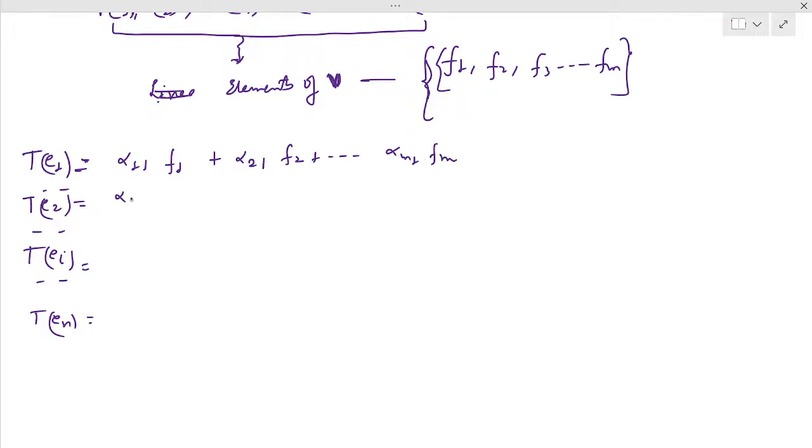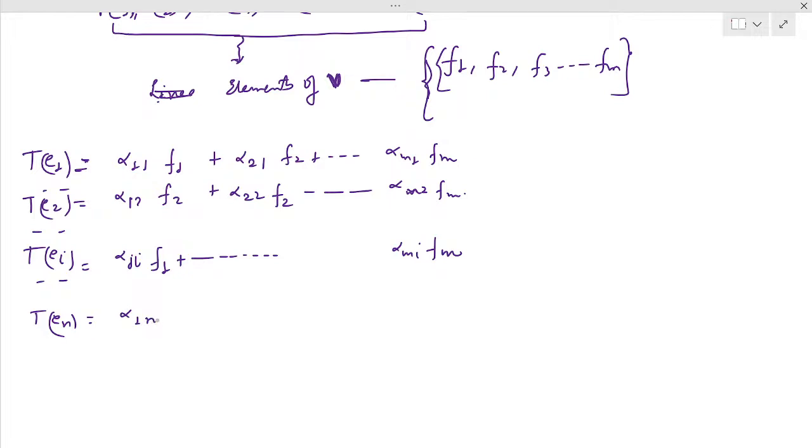Similarly, I'll write the next ones, and the last one would be similar. So after all, this will become this particular thing.